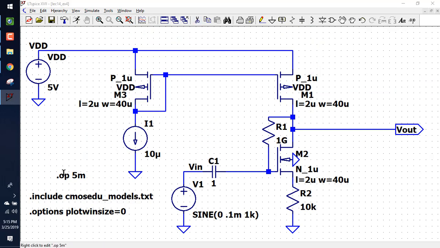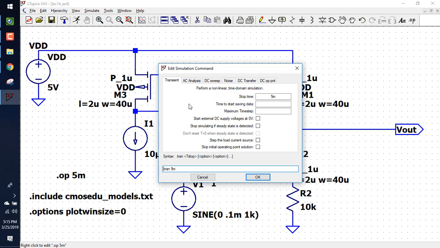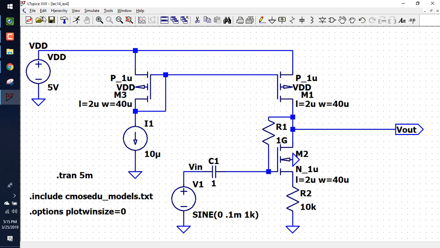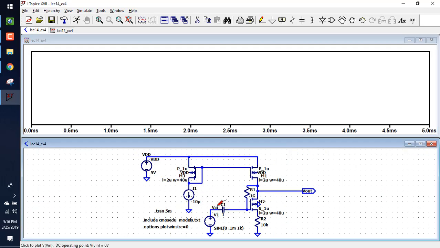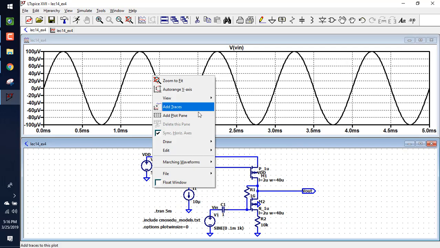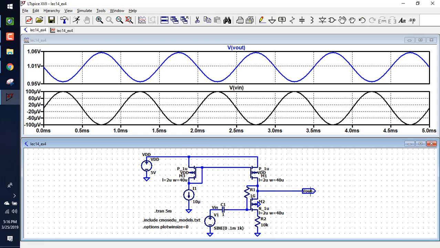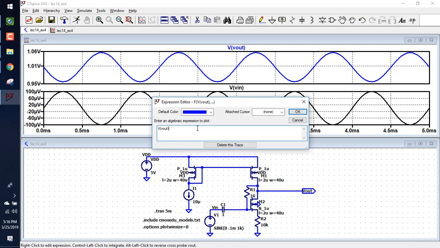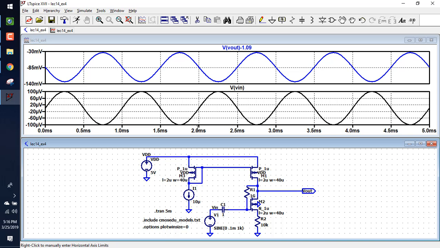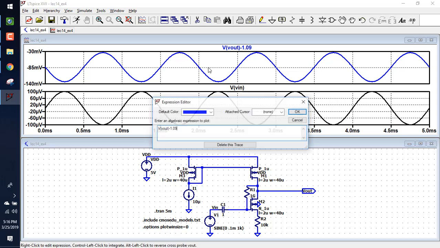And now I go back here, and I go back to transient, okay, hit save, hit run, hit V in, boom, add plot plane, hit V out, boom, and let's subtract out, how about minus 1.09? Too much. 1 point, yeah.